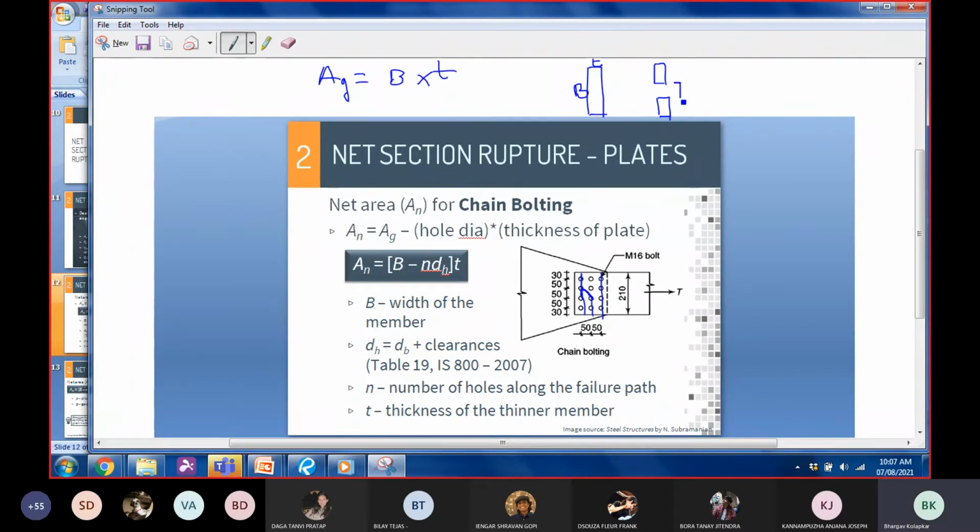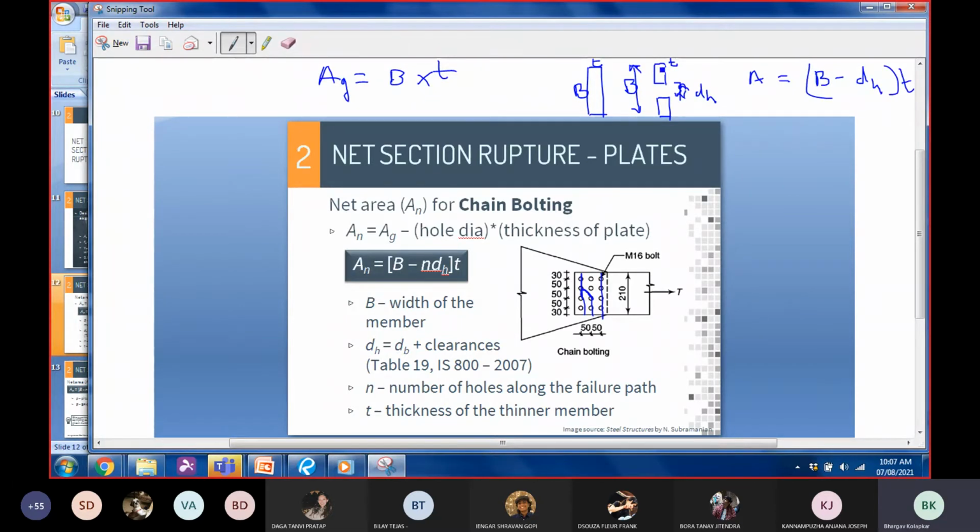Here we have a bolt hole. Let us say that the diameter of the hole is dh, and then this remains the same. This is b. So net area is equal to, and this also remains the same, t. So net area is b minus diameter of hole into thickness.